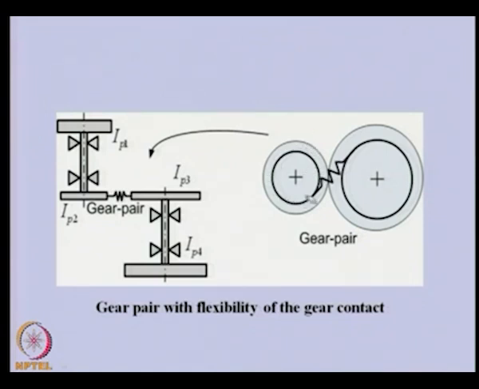So, this is the pitch circle of gear 1 and this of gear 2, and whatever the flexibility is there between the gears during the contact, we are representing that as a linear spring.